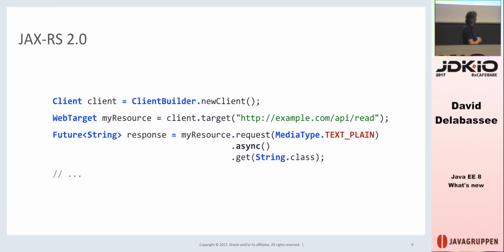So that means that my code will not block. But obviously, at some point in time, I will have to use that future object to actually get the result from the invocation. And typically, you do that by blocking on the future object to get the result. So yes, it's asynchronous, it's non-blocking, but you will have at some point in time to block. So it's a bit annoying.